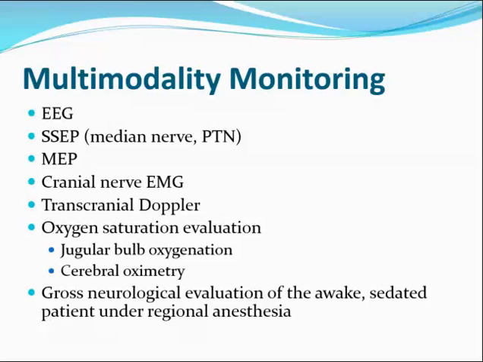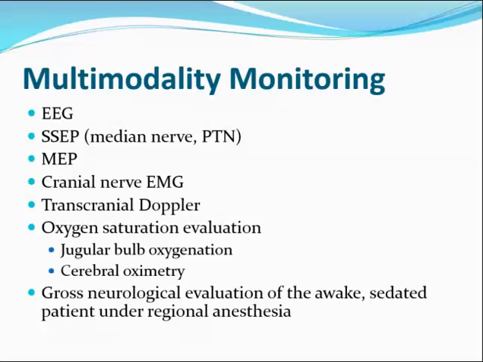Now, let's look at the modalities that we are monitoring and what we would do. You want to have a multi-modality monitoring protocol where you're doing EEG, somatosensory evoked potentials from the median nerve for the upper extremities and posterior tibial nerve for the lower extremities, bilaterally in each case.